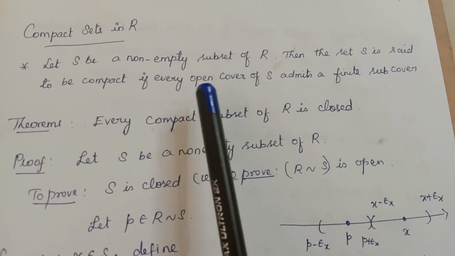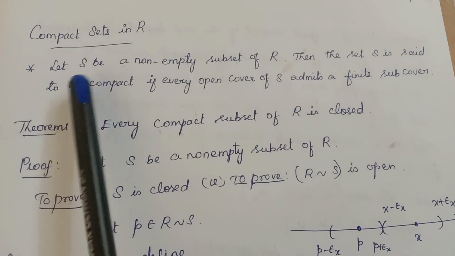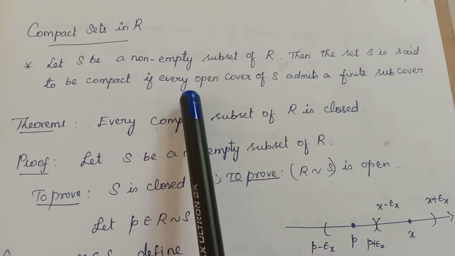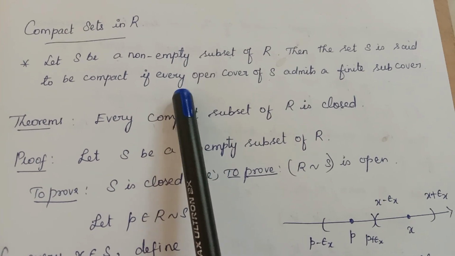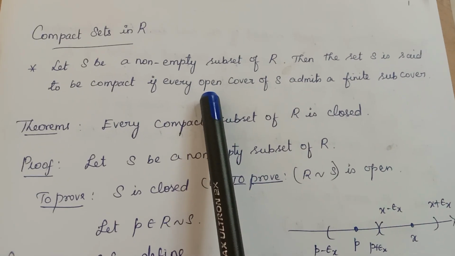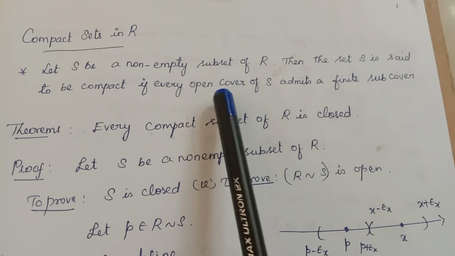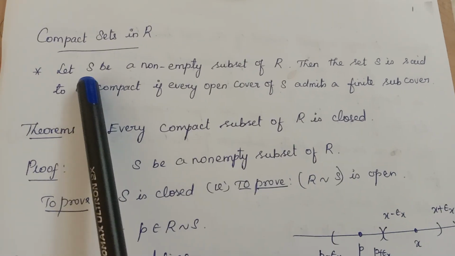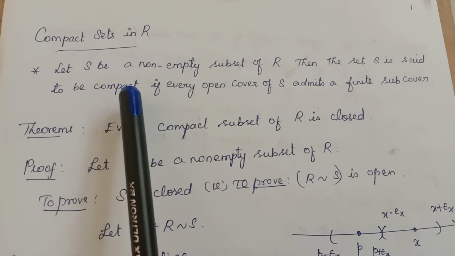For whatever set you are given, you find an open cover. That open cover may be finite or infinite, that is, a union of open sets. Suppose from that open cover you can choose only finitely many open sets which again cover S, then that set is said to be compact.